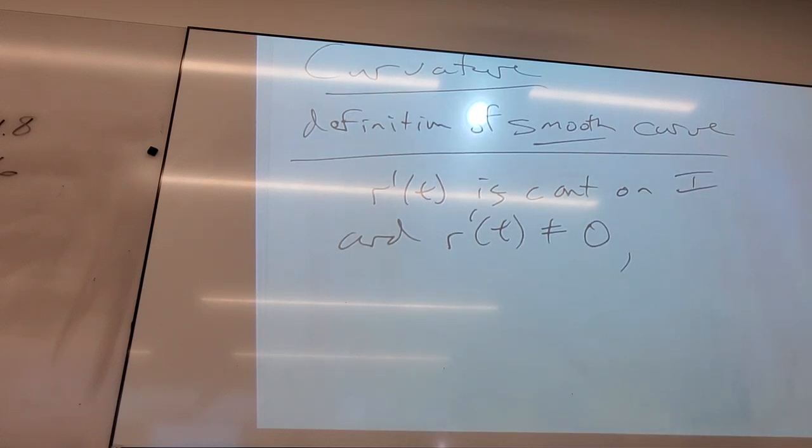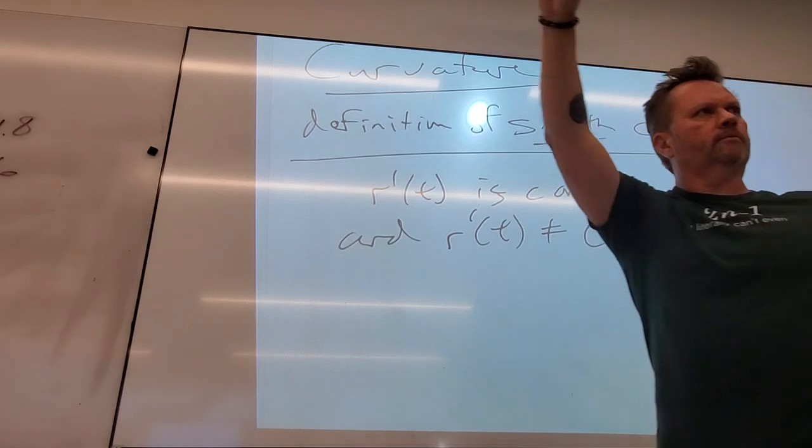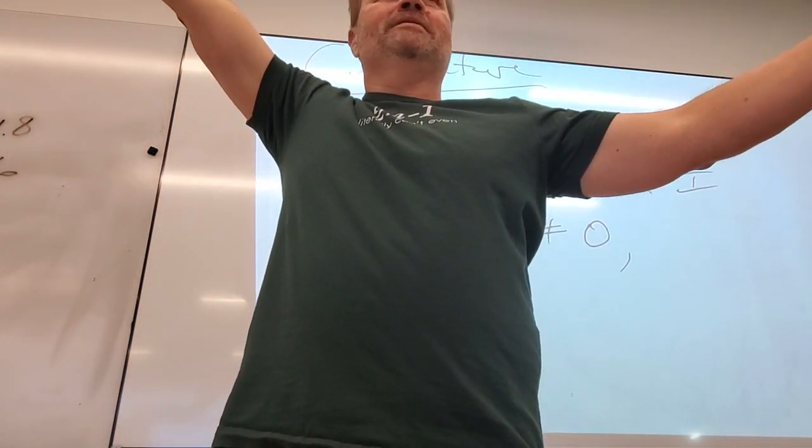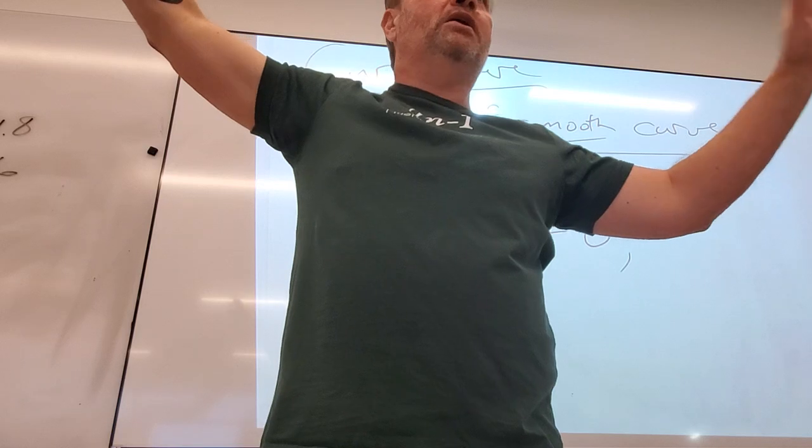And like I said earlier, it can change direction in 3 different ways. So if I have a straight line in free space, what should its curvature be? 0. It's not changing direction at all.